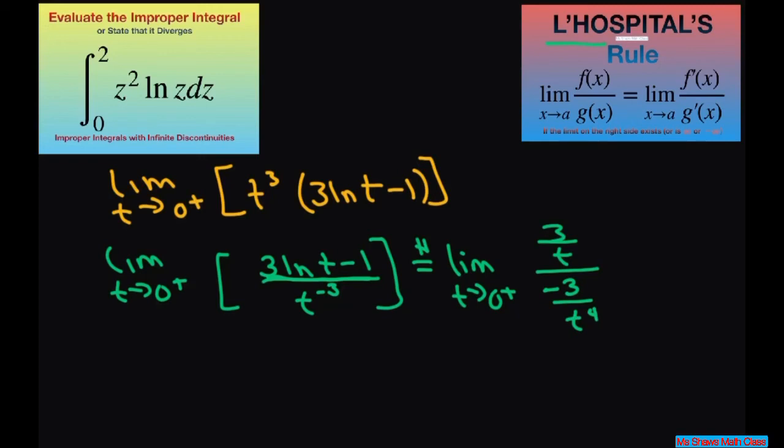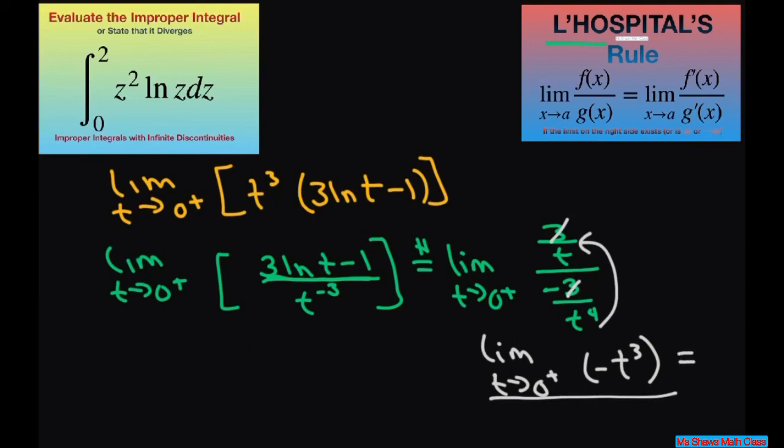So this simplifies: the 3's will cancel, and this t to the 4th can move up here. So this simplifies to the limit as t approaches 0 from the right of negative t cubed.